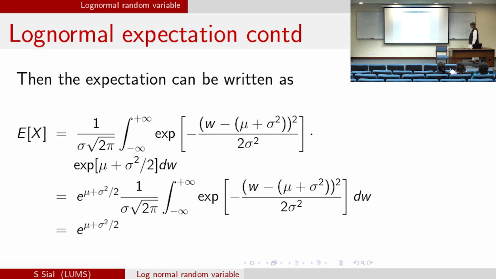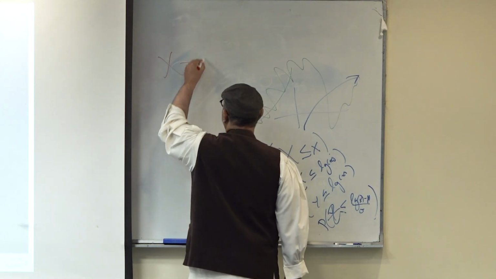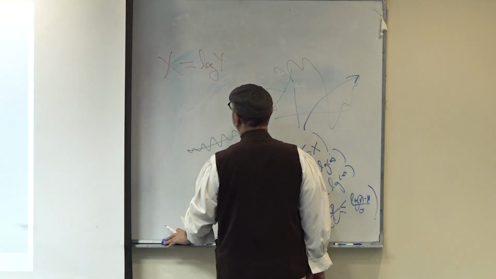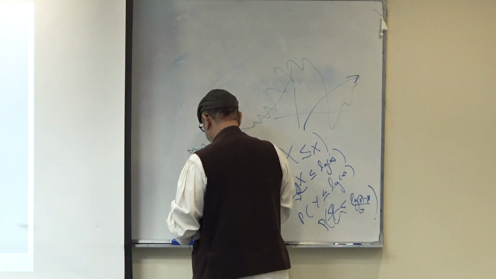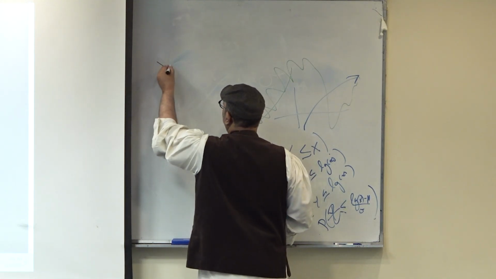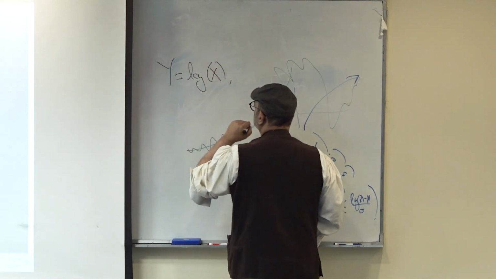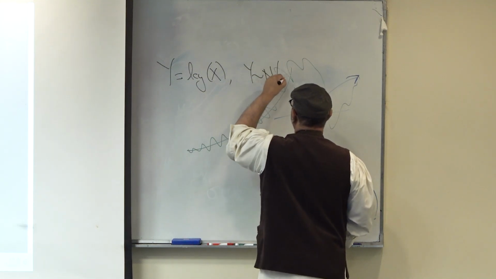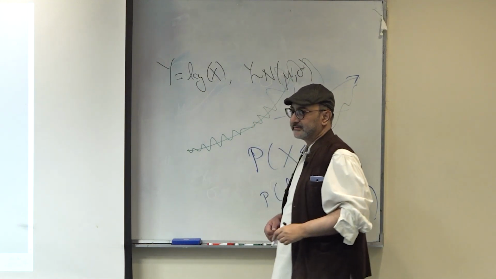All right, so what do we get? We get the expectation of x. What was x? We had y equals log of x, and y was normal with some expectation and some standard deviation.